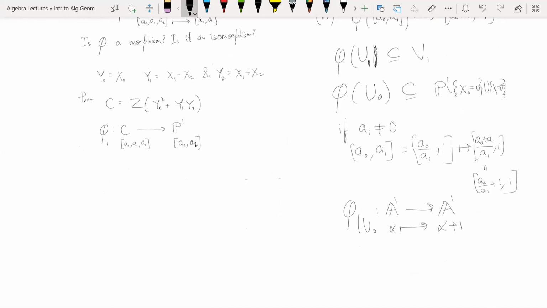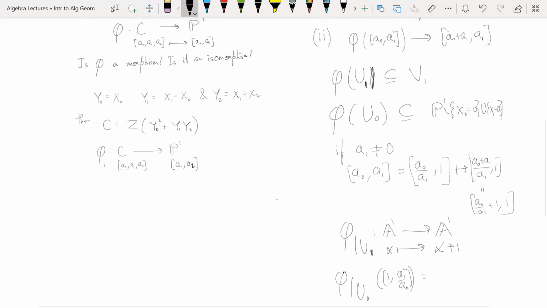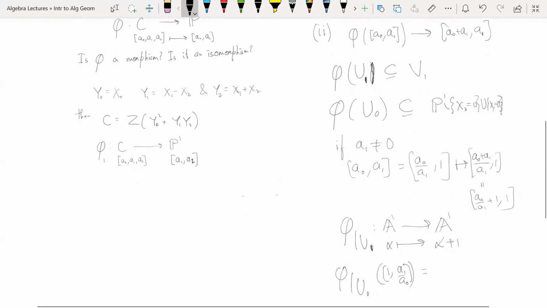so this was U1, phi restricted to U0. Then this map is, so this point is 1 comma A1 over A0. And this point will go to this point, but I want to now divide by a0.